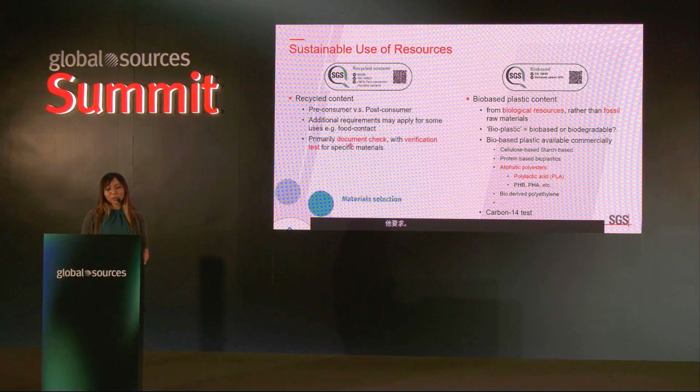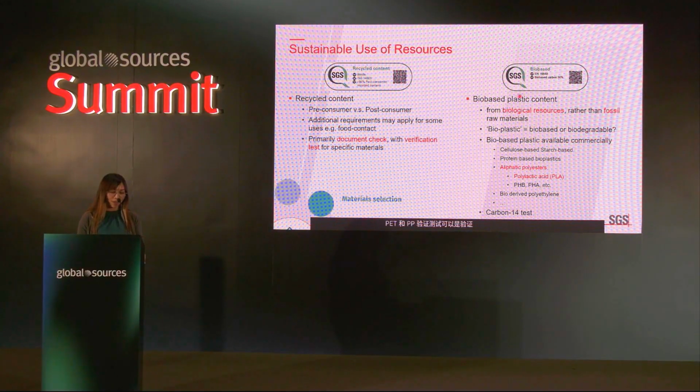For the certification process of recycled content, it primarily makes use of document check as well as on-site audits. For certain materials, for example, PET and PP, verification testing can be one of the ways to verify the recycled content in material.